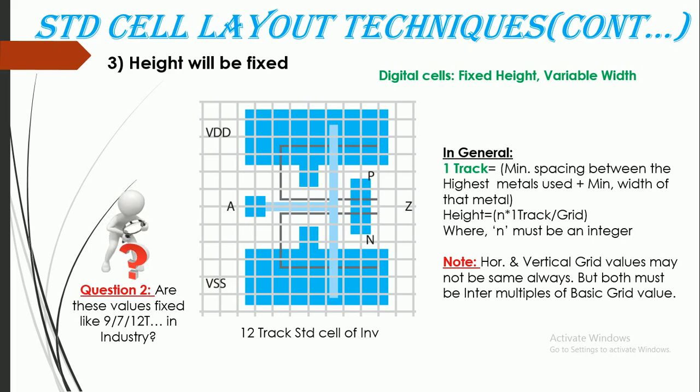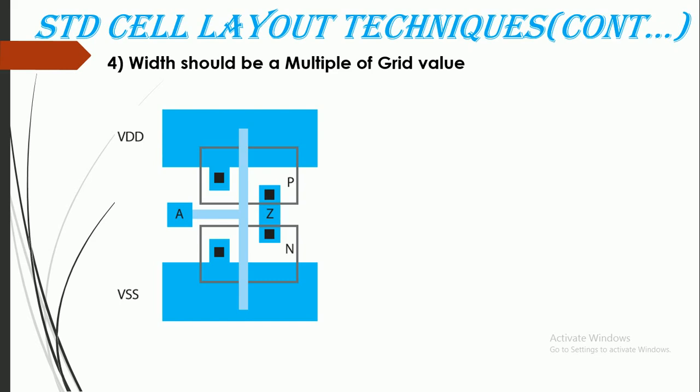And getting to the fourth technique, we will have something called multiple of grid width. Width must be a multiple of grid. That is the criteria we should follow at block level.